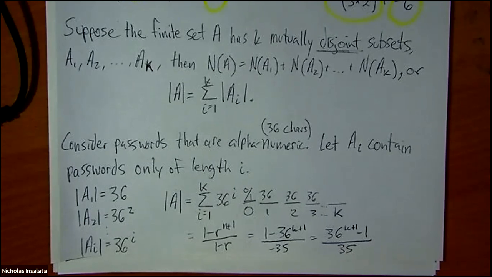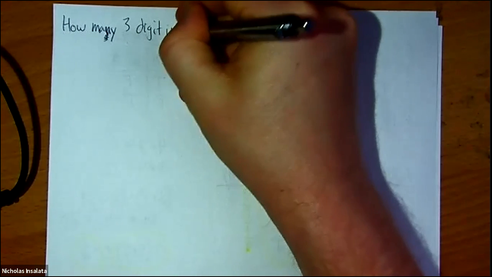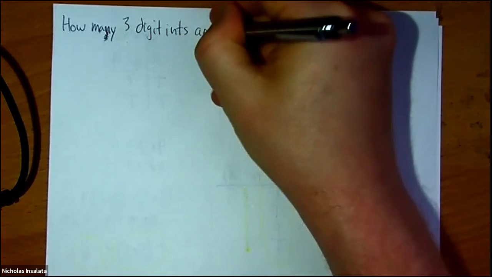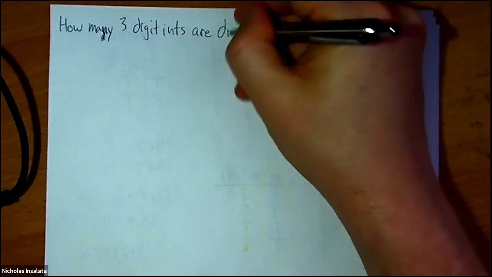So let's do another example here. All right, let's count up how many 3-digit integers are divisible by 5.